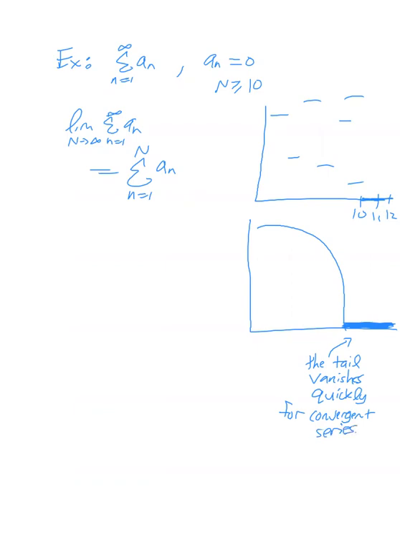In other words, an should go to 0 as n goes to infinity. And it should do so quickly in some sense, and we'll have to figure out how quickly.